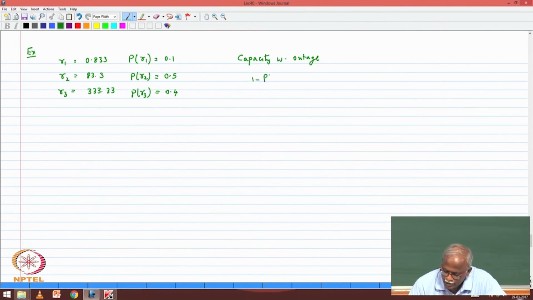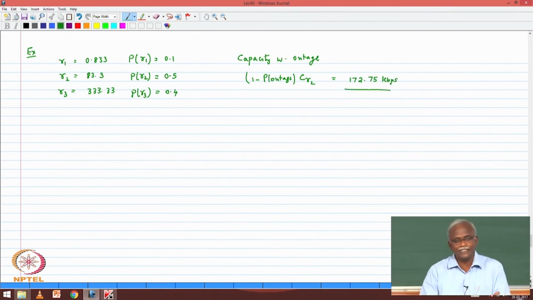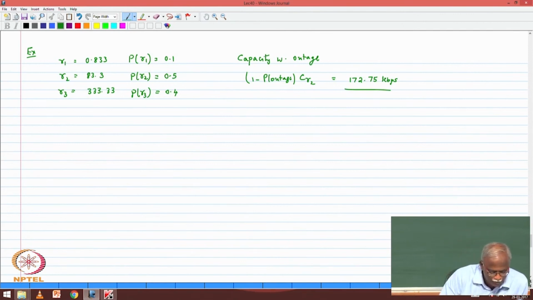So 1 minus probability of outage into capacity of gamma 2, and this gave us a number which was 172.75 kbps. Now the question is, will water filling beat it, and by how much? As I mentioned, this is not a very bad channel, so getting capacity with outage was somewhat straightforward. But even under this average channel condition, let's see what sort of benefit we get.